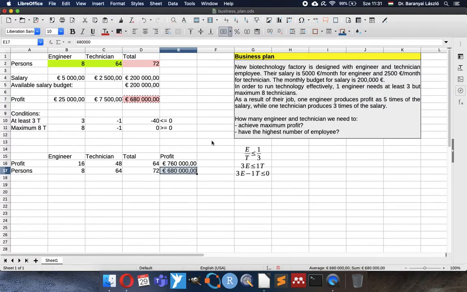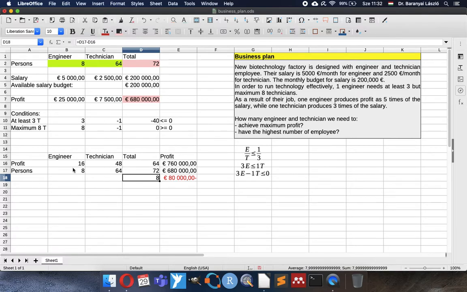it will be euro. Okay, now you can see the difference if we are optimizing our business plan to the profit or to the number of people we want to work together. If we compare the two solutions, you can see that in the second case, when we are focusing on the number of people, we can employ 8 more people in the factory, but we are losing 80,000 euro profit per month.